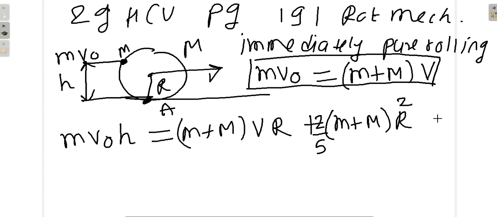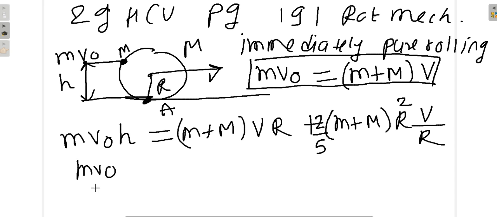I hope you can understand this. You can just write here omega as v upon r. This is I, which is 2 by 5 mr square into omega, and for pure rolling omega must be equal to v upon r. Right? Okay.